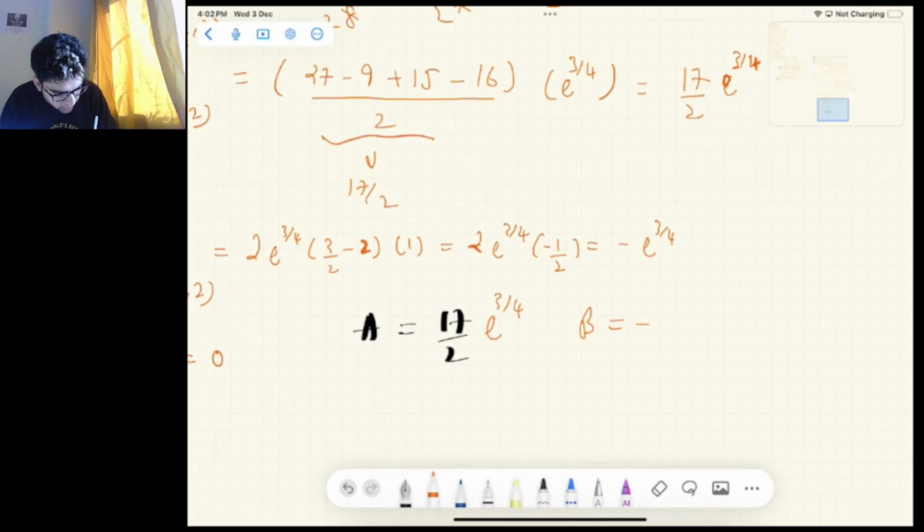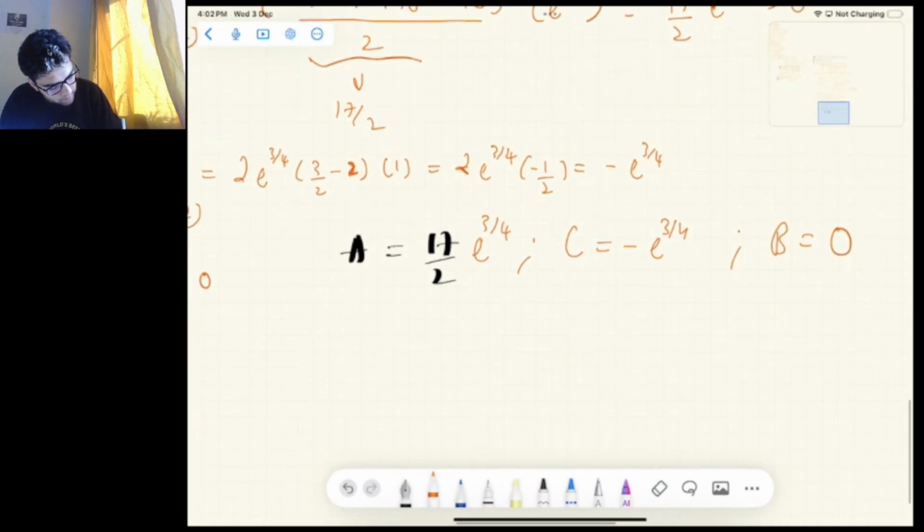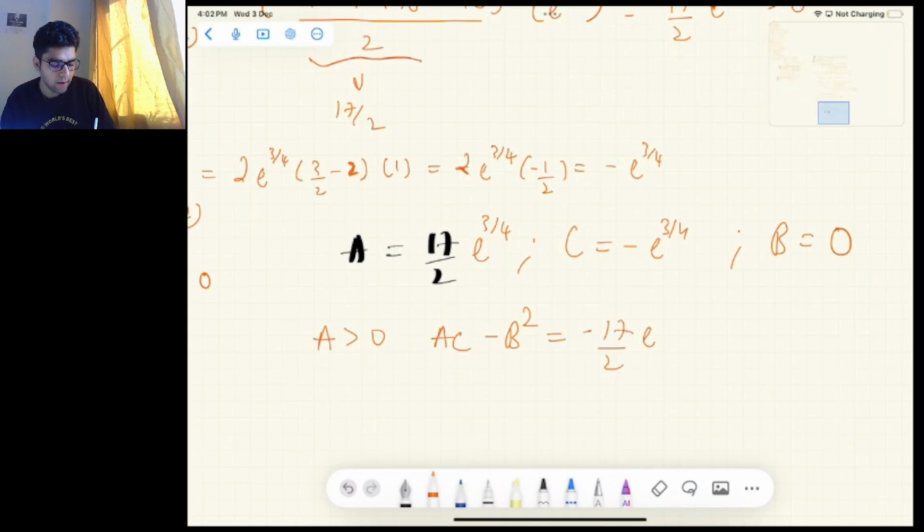Value of b is minus e to the power 3 by 4, and the value of c is e to the power minus 3 by 4, and the value of b is 0 again. So my a is positive, my ac minus b square is negative, minus 17 by 2, and e to the power 3 by 4 plus 3 by 4 becomes 2 into 3 by 4, so 3 by 2, and which is negative.